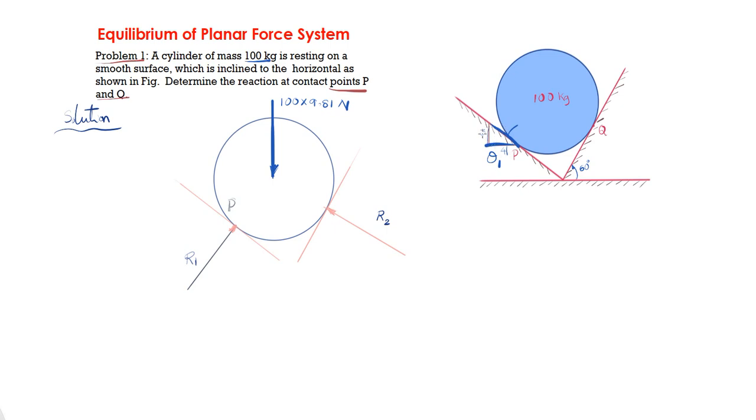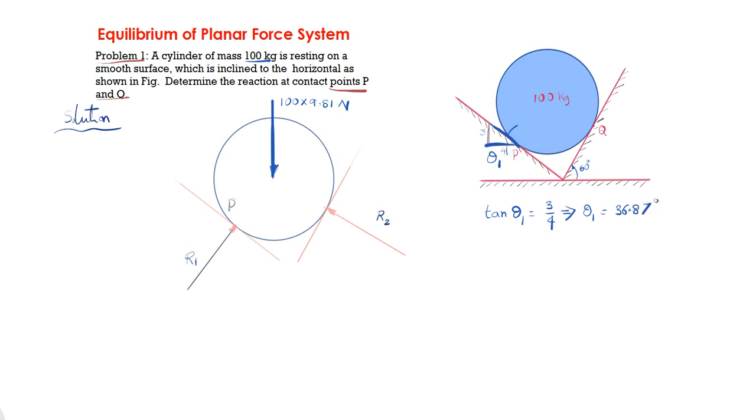Opposite side of this theta 1 is 3, adjacent side is 4, and so we can write tan theta 1 equal to opposite 3 by adjacent 4, and tan inverse 3 by 4 will be 36.87. So we can write theta 1 equal to 36.87 degrees.